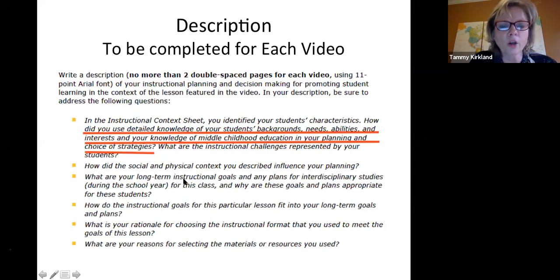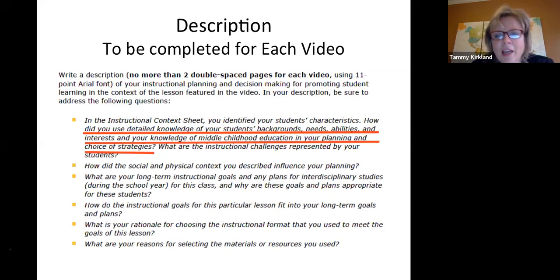Here, what are your long-term instructional goals and plans for any interdisciplinary studies during the school year? Now, if you look back on that planning form, it said for the unit. So here, interdisciplinary, maybe you're going to integrate writing.